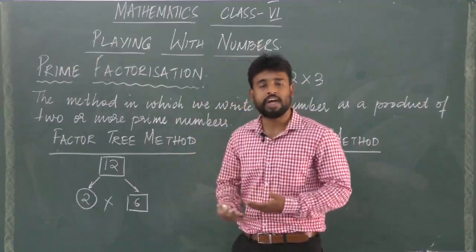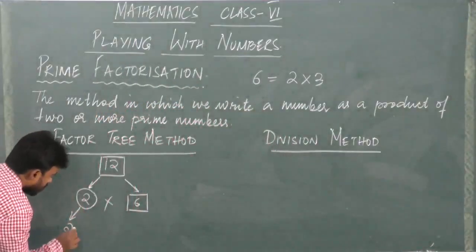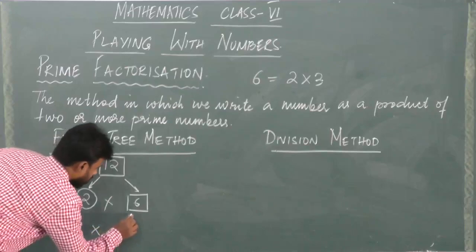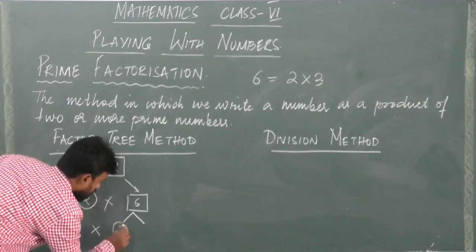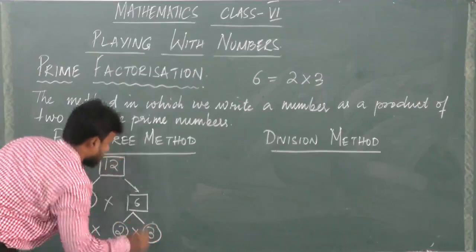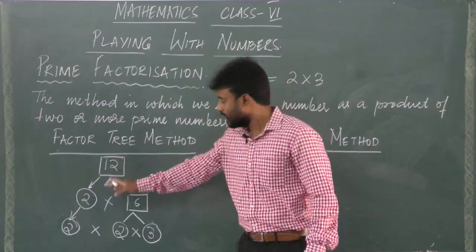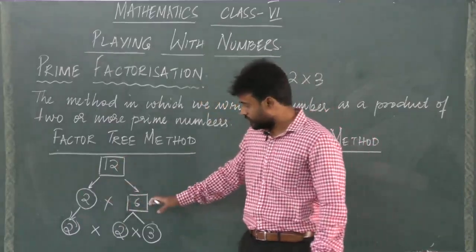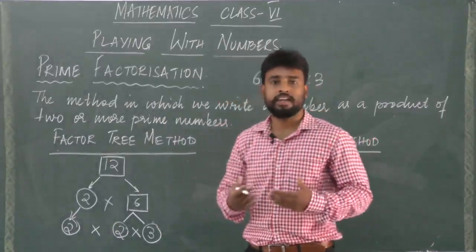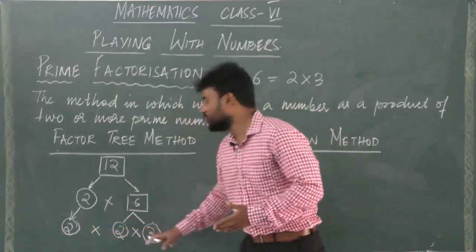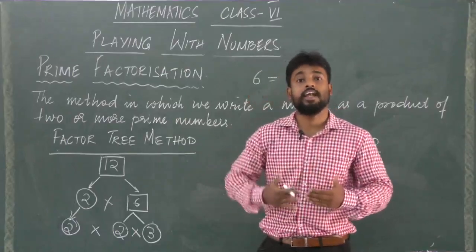So 6 again can be factorized as 2 into 3. So we first factorize 12 as 2 into 6, then we further factorize 6 as 2 into 3. So ultimately, when we factorize 12, we get 2 into 2 into 3. Similarly, 12 can also be factorized in another way.